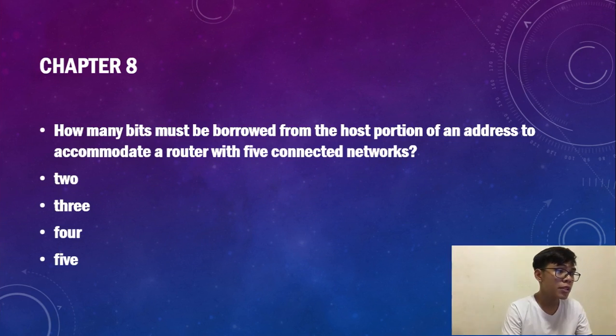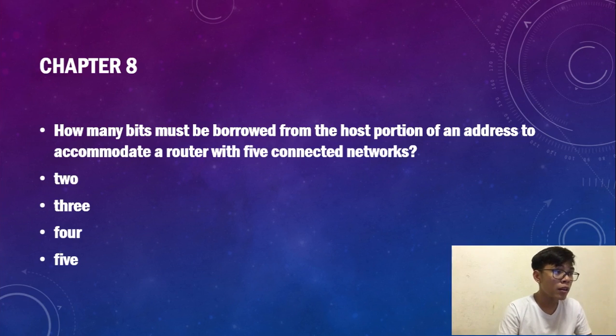How many bits must be borrowed from the host portion of an address to accommodate a router with 5 connected networks? The choices are 2, 3, 4, and 5. So the answer for this question is 3 bits.